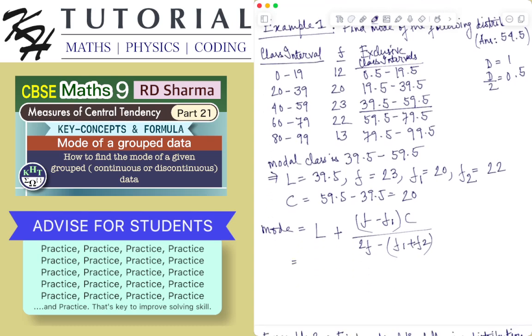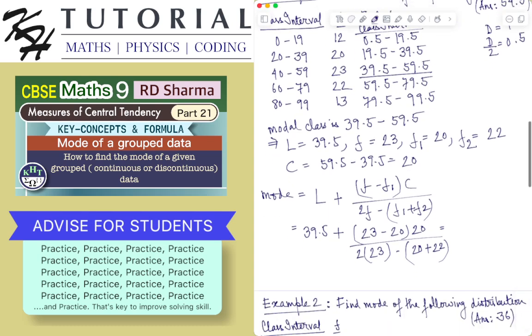This will be L is 39.5, f is 23, f1 is 20, and c is 20, divided by twice of f, 2 into 23, minus f1 plus f2, that is 20 plus 22.